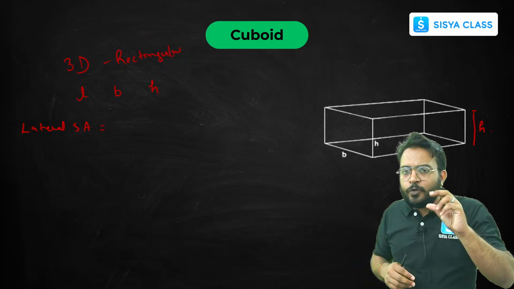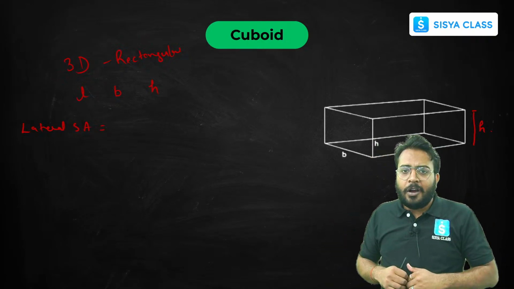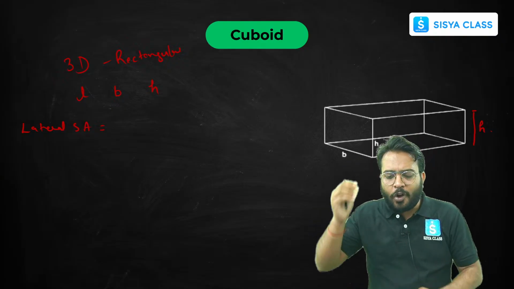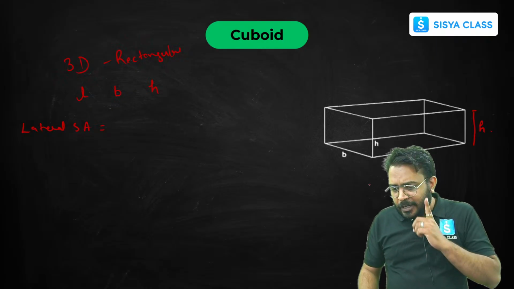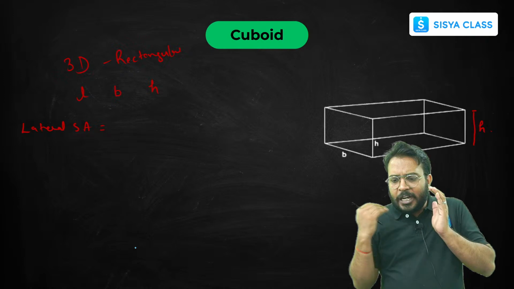So whenever you see the words lateral surface area and total surface area, there is a difference. Total means you have to include top and bottom. Lateral means you have to exclude top and bottom. So how to find out lateral surface area? That means we have to find out the surface area of all the side walls.